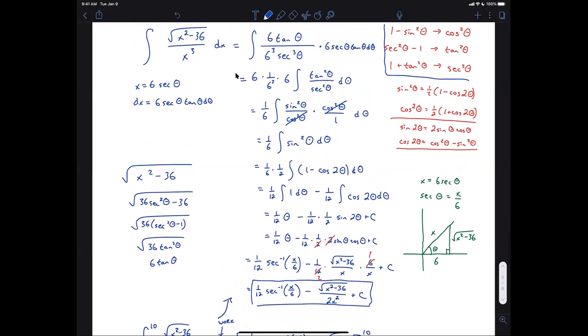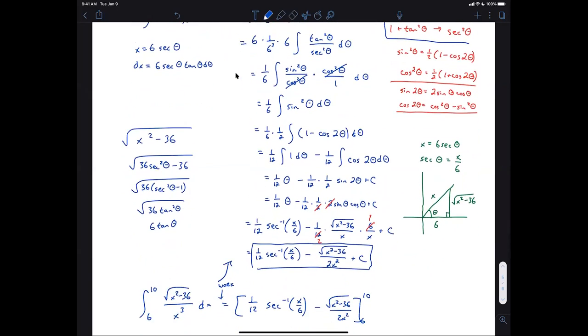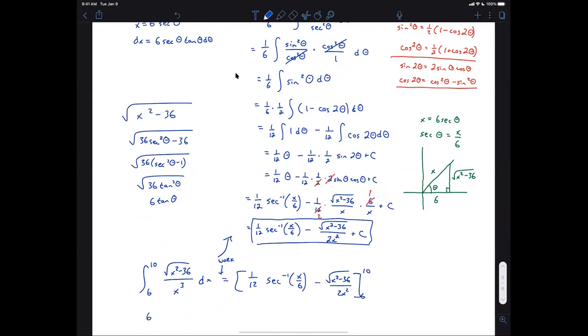And probably the easiest way to write that would be, 6 would become inverse secant of 6 over 6, and 10 would become inverse secant of 10 over 6. And then at this stage, you could plug that in, and then you'd have to draw the triangle anyway. That's not how I would recommend doing it, but that's what you would do if you're going to keep the bounds. Does that answer the question, Ben?